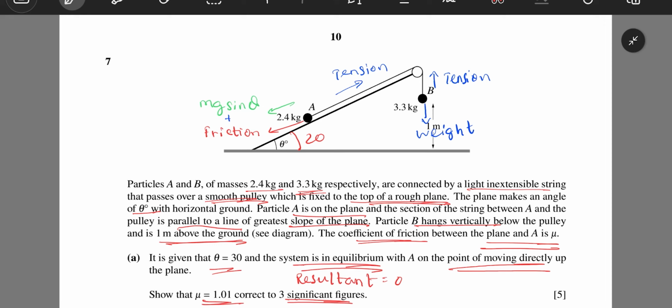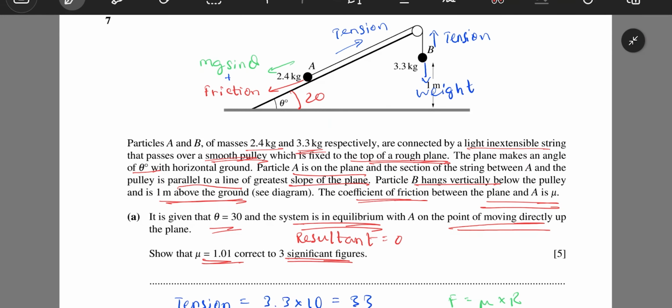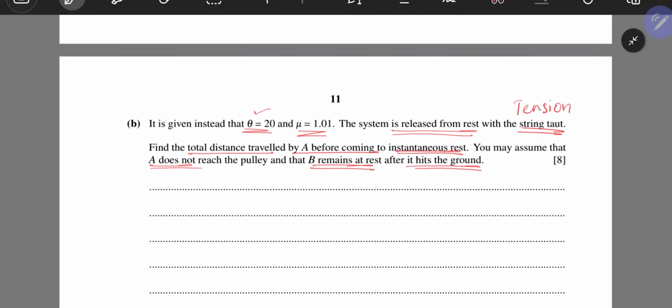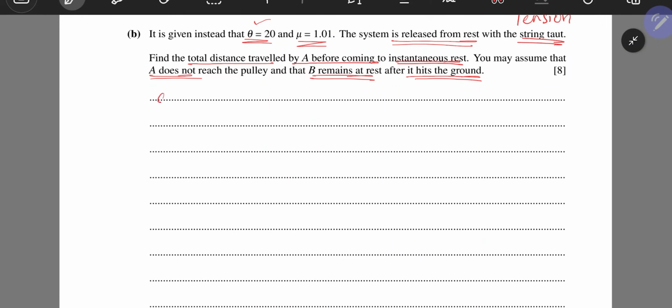Friction will also change since theta has changed. So all the forces will change, which is why the system is no longer in equilibrium. And we need to find the acceleration when B is still moving, since this will be acceleration 1. So let's just find that first.